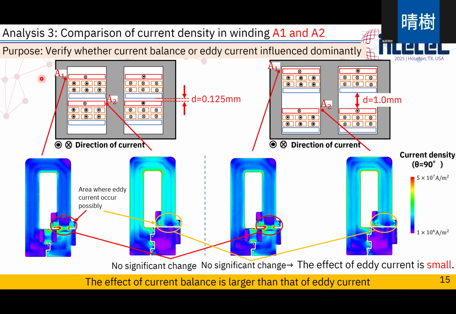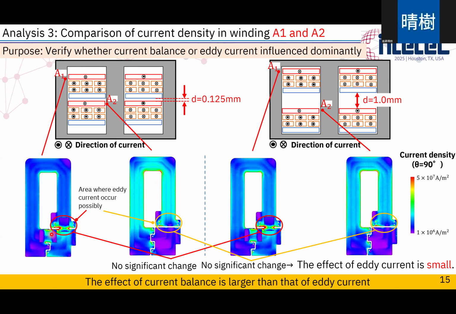Lastly, we conducted analysis to verify whether current balance or eddy current influences the result dominantly. This is a cross-section of the transformer, and A1 and A2 are the secondary windings, the simulation targets. The contrast of A1 and A2 is more vivid in these models, so this reflects current balance.